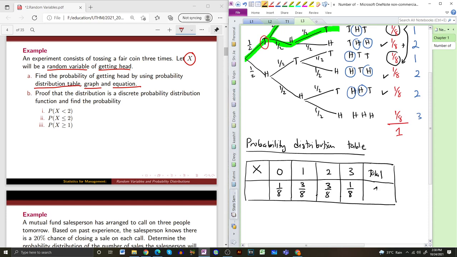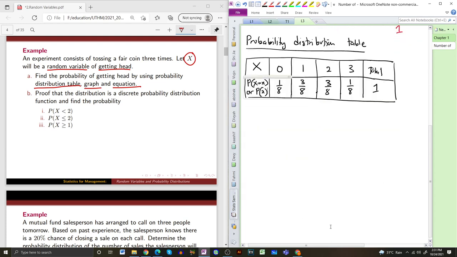If you add all, you get 1. The notation for probability, normally we will write it as capital X equal to small x, or in this syllabus, you can just write P(x). This is the probability distribution table.